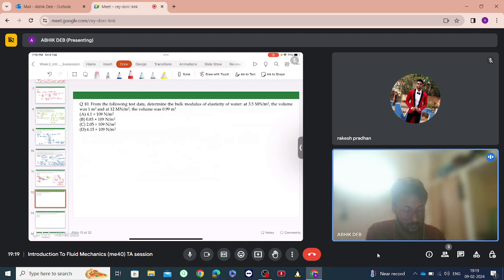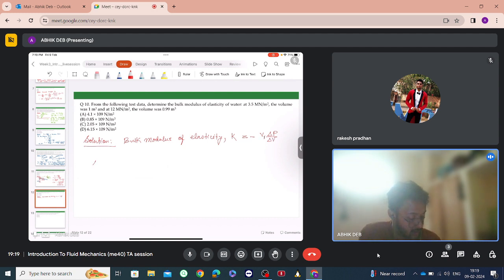The bulk modulus of elasticity is denoted as K, which is minus V delta P by delta V.